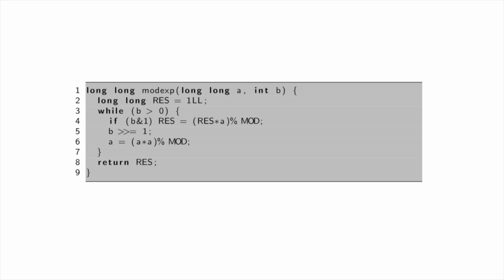As I mentioned before, this algorithm is O of log b, and it's a very important algorithm. It's very general. For example, here you only have to know how to do a product of two elements, in this case a. So while I was talking about numbers, you could be thinking about matrices, and this algorithm would also work to exponentiate matrices in O of log b.